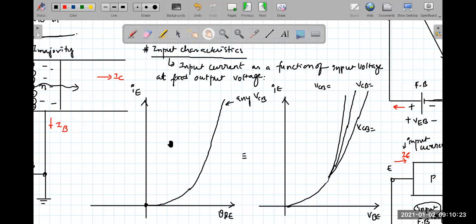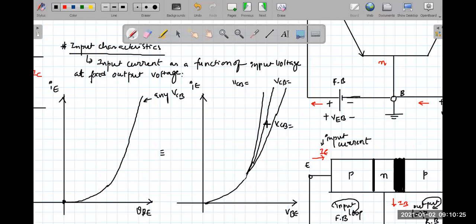So let's say this is 10 volts, this is 20 volts, then at 30 volts the emitter current will increase. So with 10, 20, 30, the slope increases. Understood? As Vivek said correctly, slope increases.